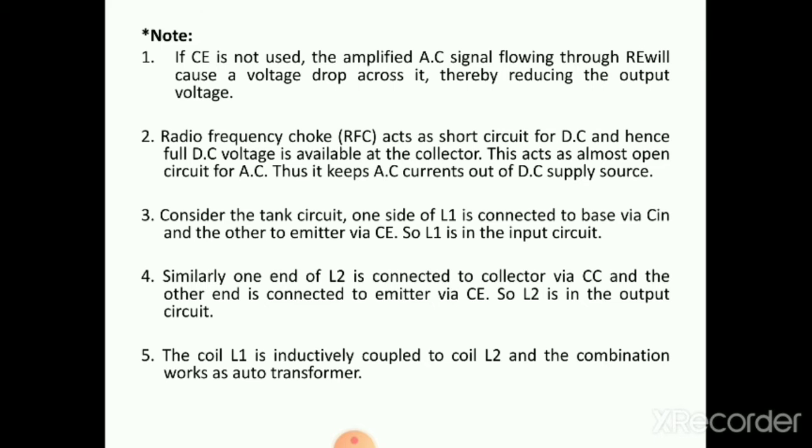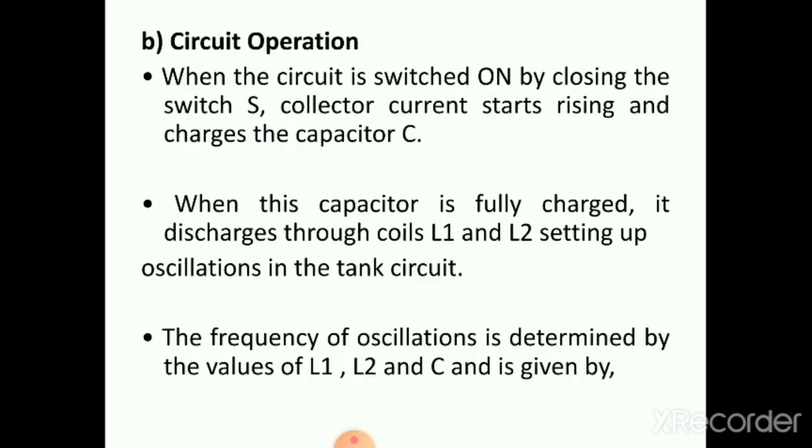Similarly, one end of L2 is connected to the collector via Cc and the other end is connected to the emitter via CE. So L2 is in the output circuit. The coil L1 is inductively coupled to coil L2 and the combination works as an auto transformer. L1 and L2 are connected inductively. These are the points to be noted.